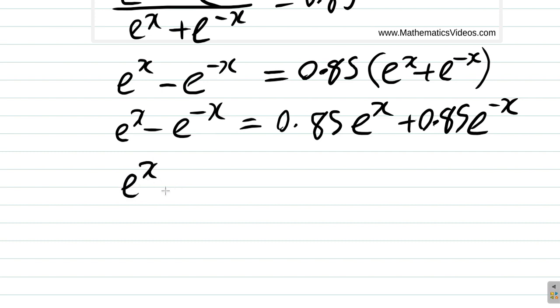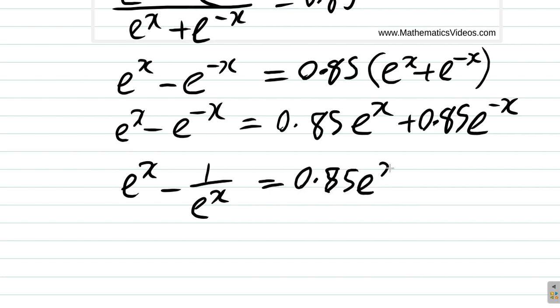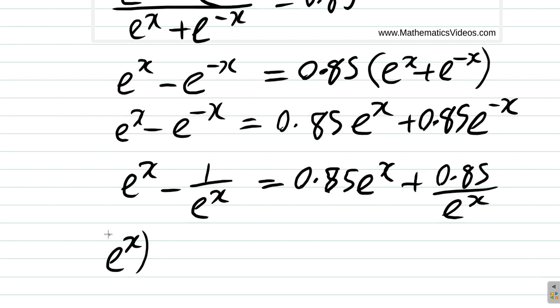So we have e to the x minus 1 divided by e to the x equals 0.85 e to the x plus 0.85 divided by e to the x. Let's multiply both sides by e to the x and see what we get. We get e to the x times e to the x. This would give us e to the x squared minus 1, because e to the x will cancel itself when you multiply by e to the x.